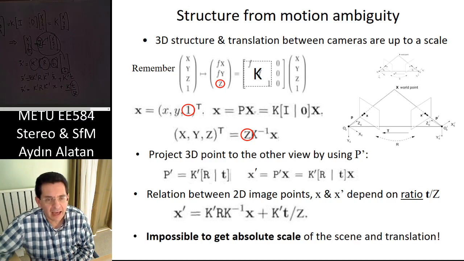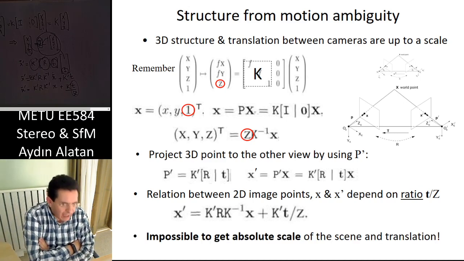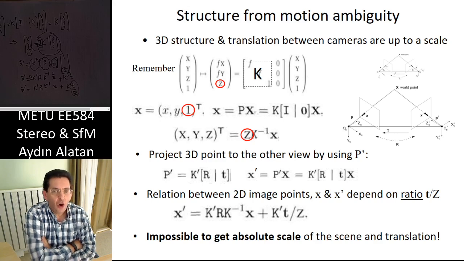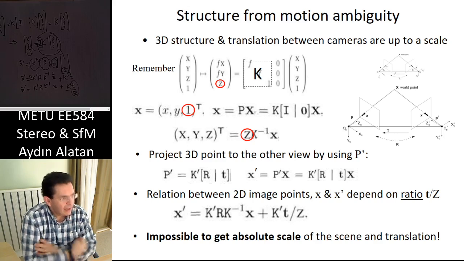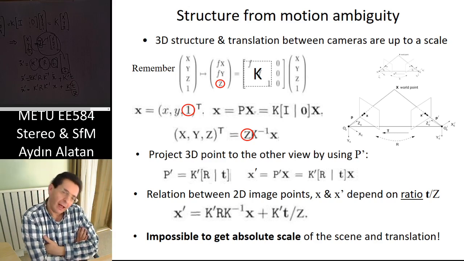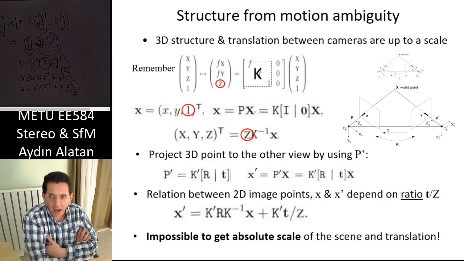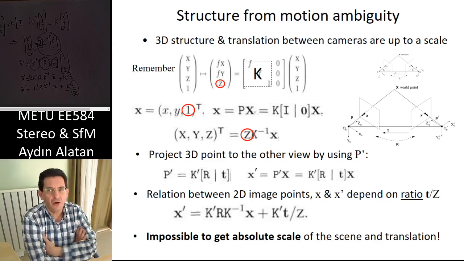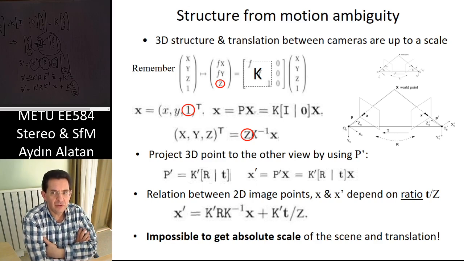It says it is impossible to get the absolute scale of the scene and the translation component by taking images of a scene from 2 views or multiple views. I just want to emphasize this important fact once again. Don't ever think that by using your mobile phone, taking images of anything from 2 views, you can reconstruct this object, except up to a scale.